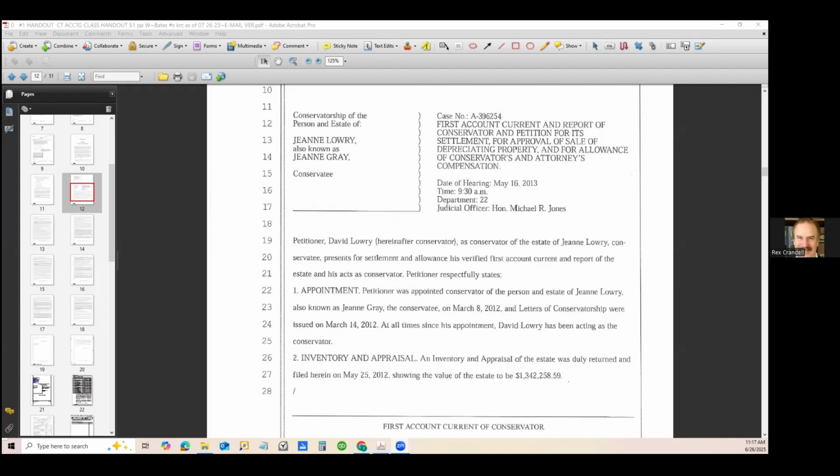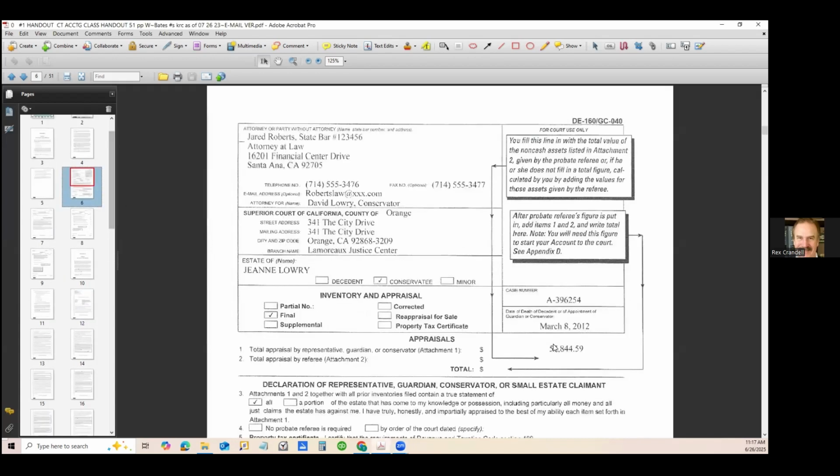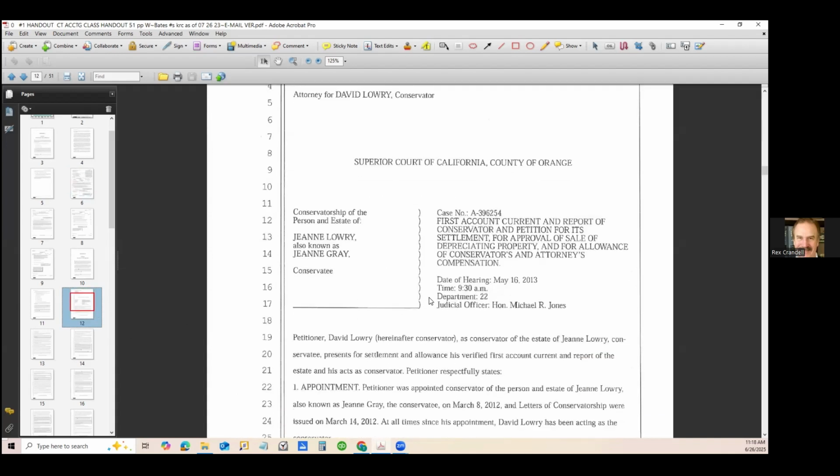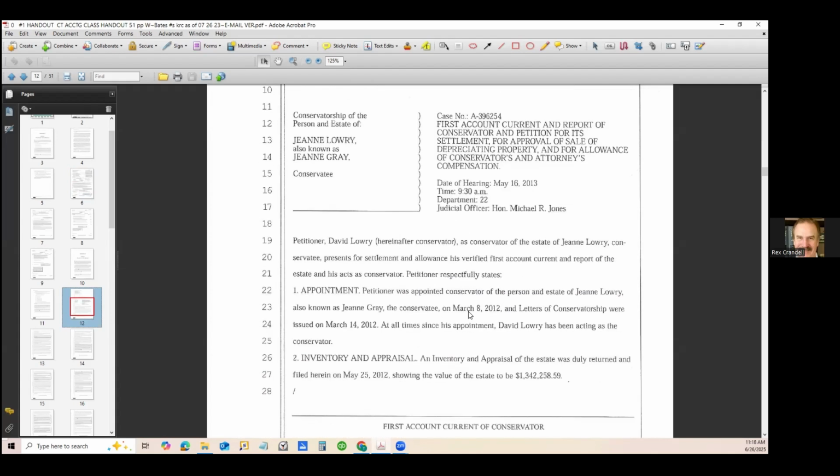So this date is the same date, and I'm going to switch screens on you just to show you that we have right here. Okay. Although if you're doing a second petition, right, you're not going to refer to the inventory and appraisal. So that's the date of the order.